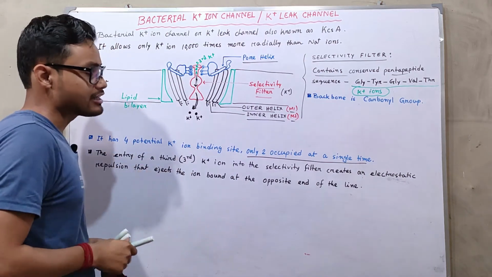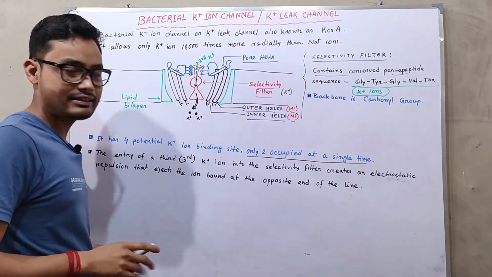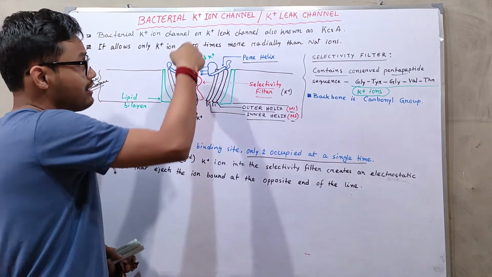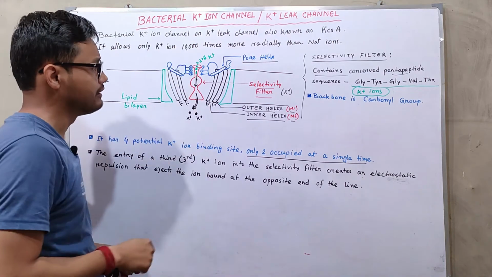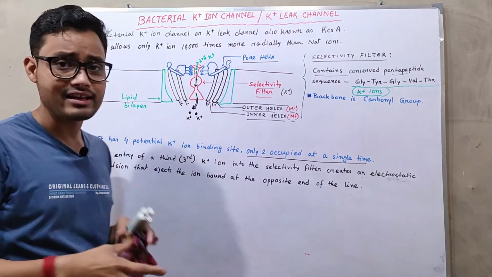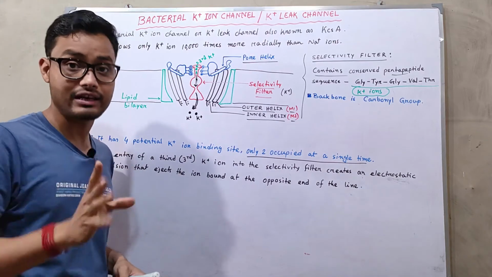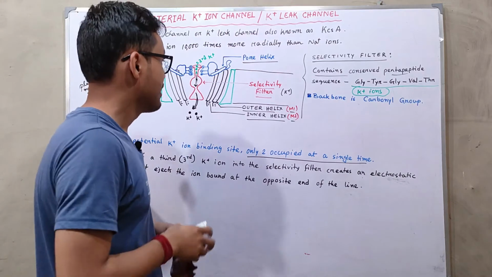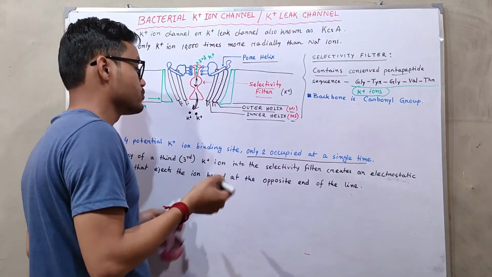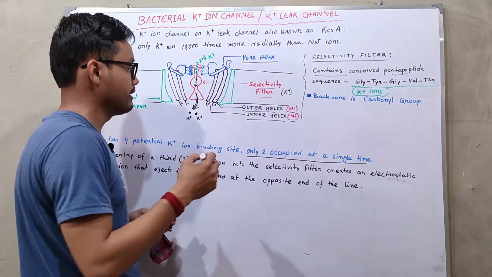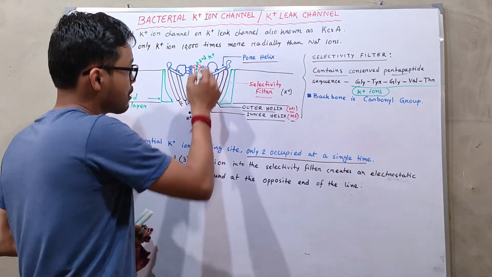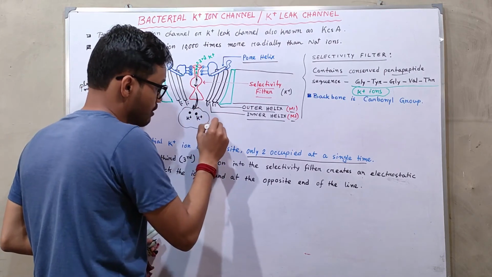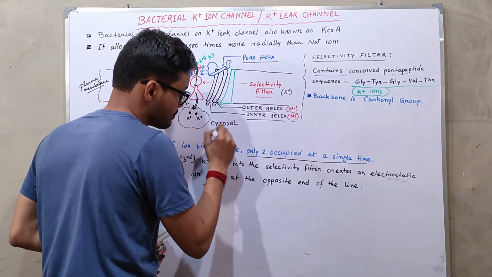The selectivity filter has four K plus binding sites, but at a single time only two are occupied. Whenever a third K plus is inserted, electrostatic repulsion between the first and second potassium ions applies a huge force, and by this force the K plus ions exit from the selectivity filter and come into the cytosol, or cytoplasm.